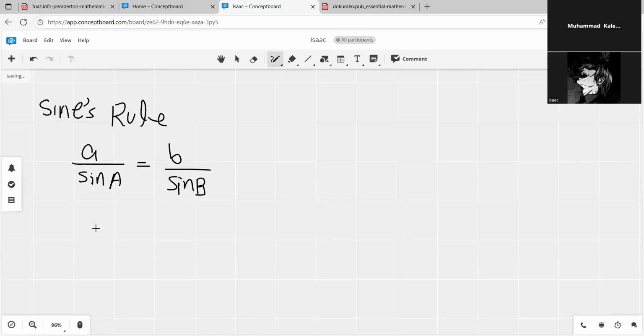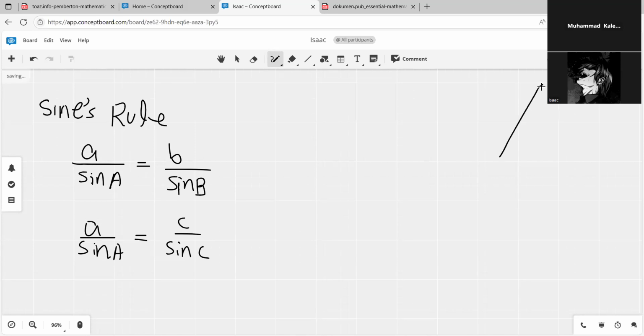And if you want to write, a over sine A is equal to c over sine C. Here, small a, b, c are the sides of a triangle, and the capital letters are angles.